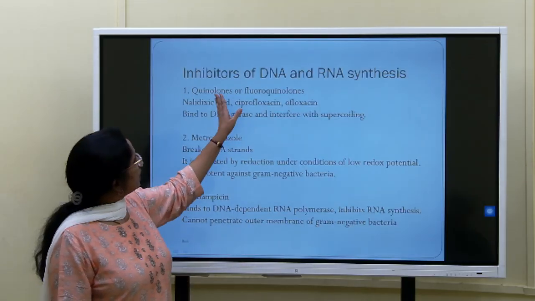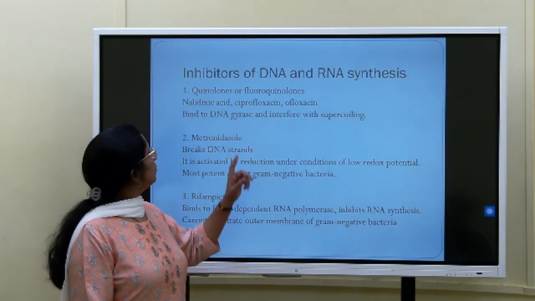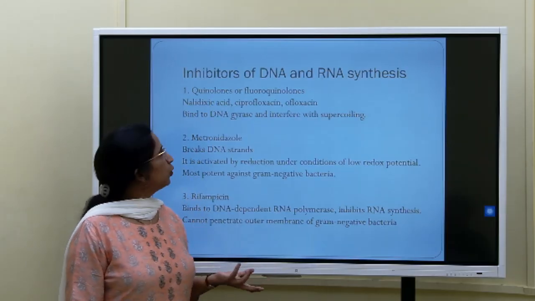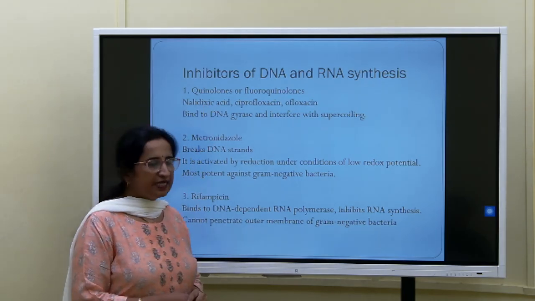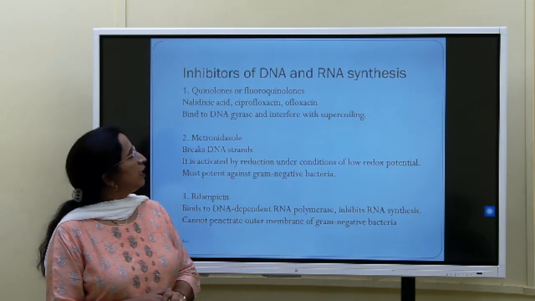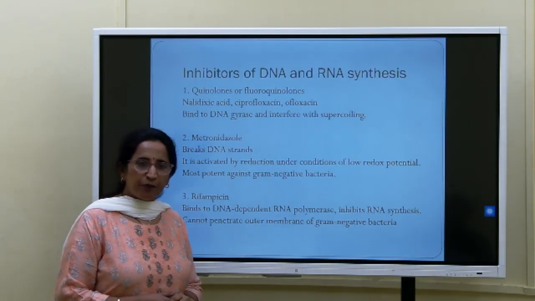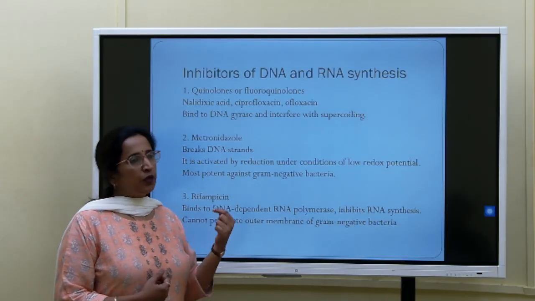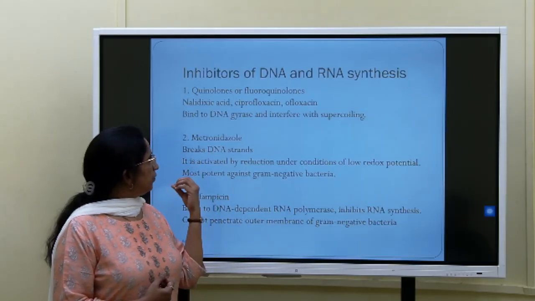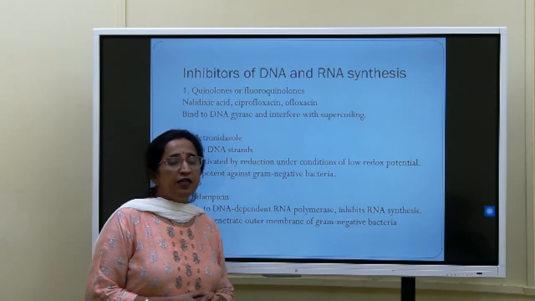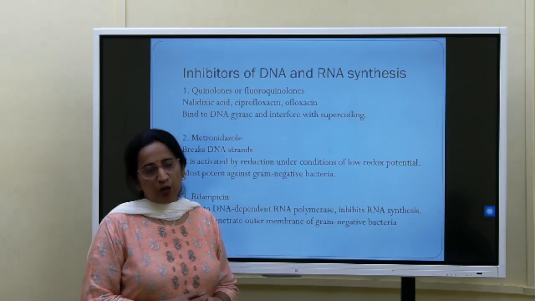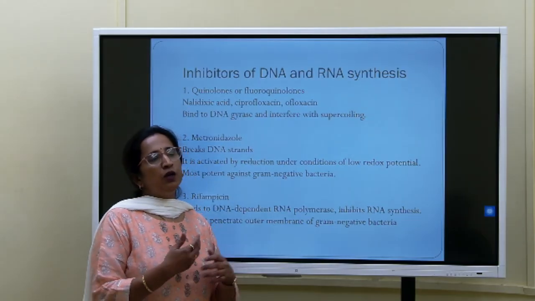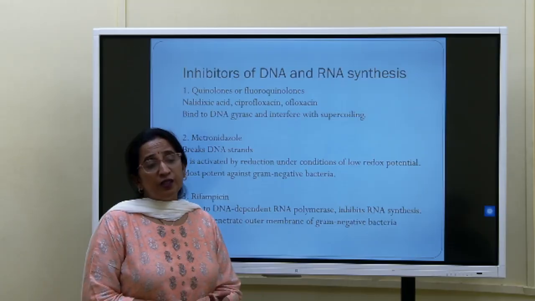So under inhibitors of DNA synthesis, we have the quinolones or the fluoroquinolones. Under this, the examples are nalidixic acid, ciprofloxacin and ofloxacin. Now, how do they act? These antibiotics, the fluoroquinolones, bind to the DNA gyrase. DNA gyrase is a type of topoisomerase 2, which is very important for supercoiling of the DNA.